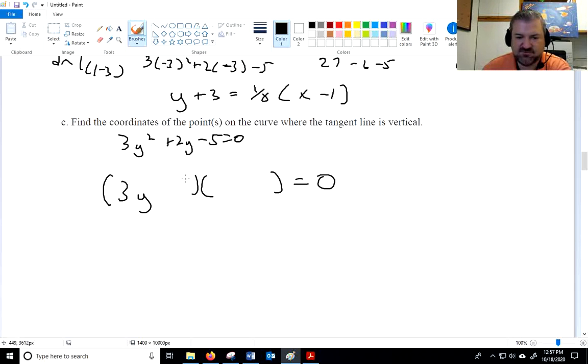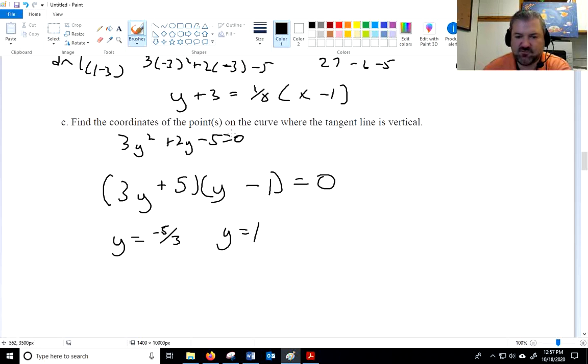So we'll do 5 times 1y, that'd be a 5y, and that'd be a minus 3y, which gives a plus 2y. So 3y squared minus 3y plus 5y is 2y minus 5. So you get y equals negative 5/3 and y equals 1.